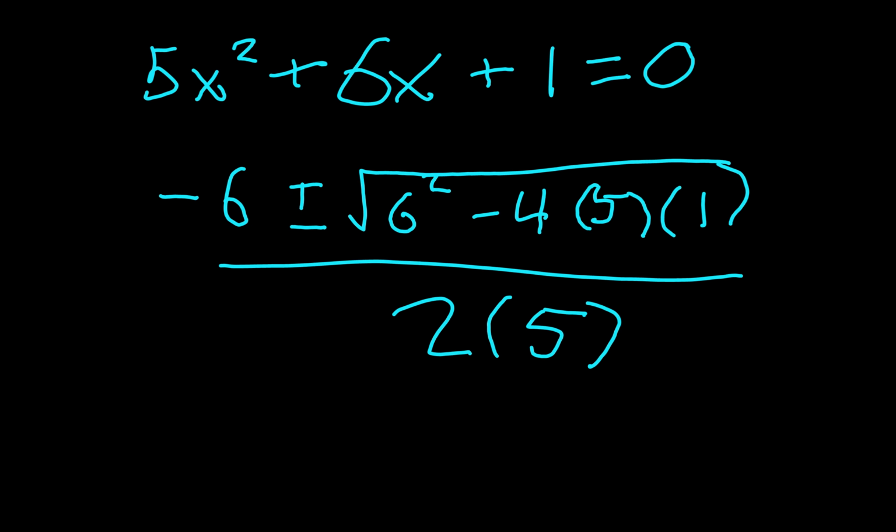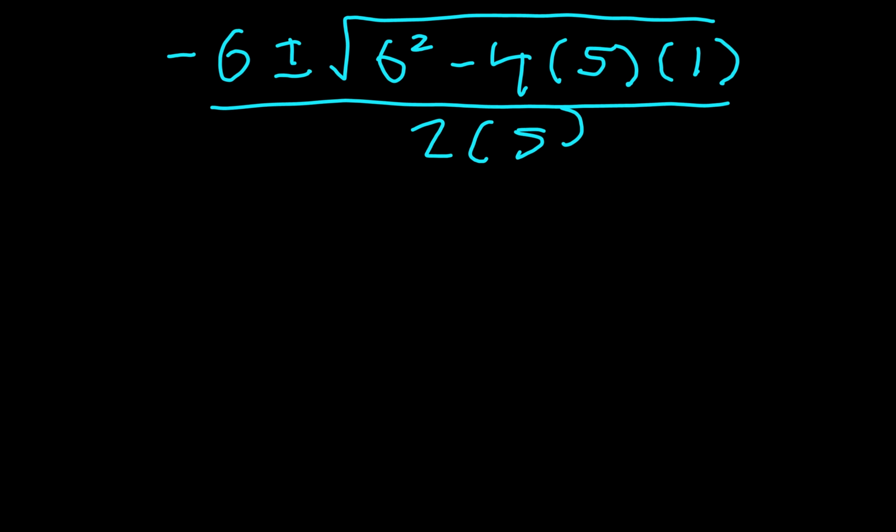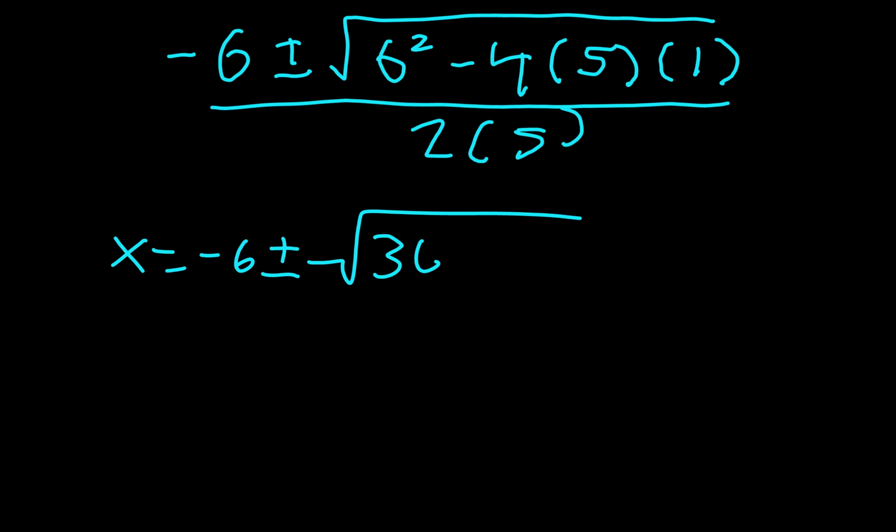So here you have everything plugged into your quadratic formula. If you don't know what the quadratic formula is, go back and check our other video. So from this scenario, we can simplify it. So we'll have x equal negative 6 plus or minus the square root of 36 minus 20 over 10.